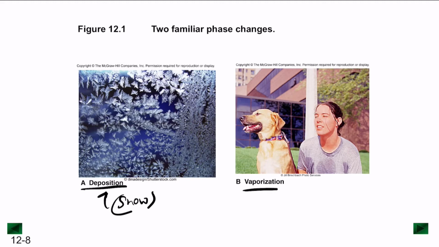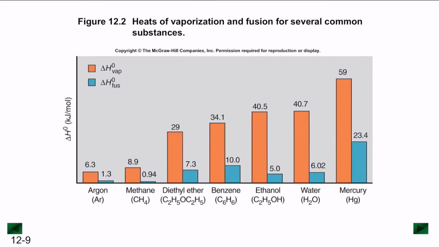Vaporization is where you have water molecules being converted into vapor. An example of this is perspiration, which shows how your body converts sweat into vapor. So these are heats of vaporization and fusion for several materials.